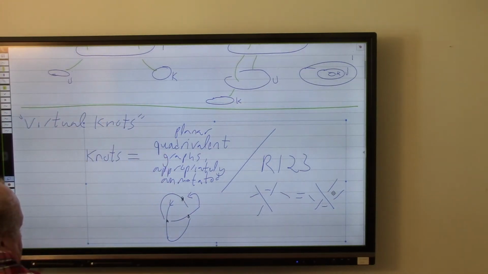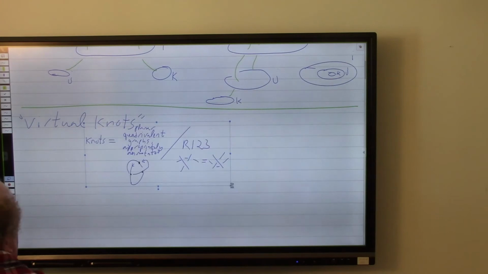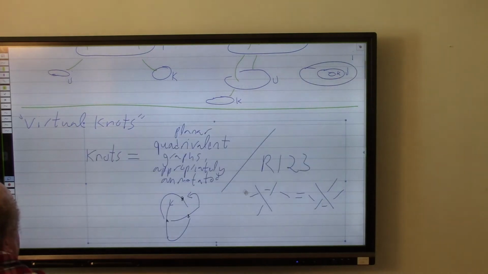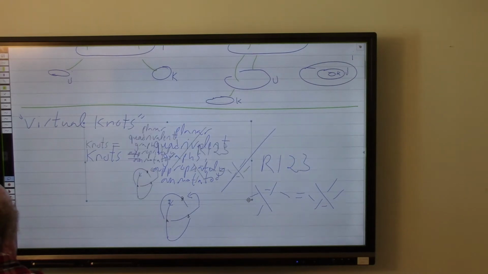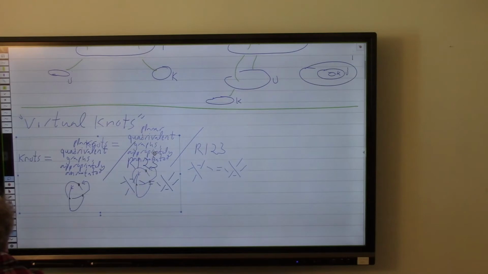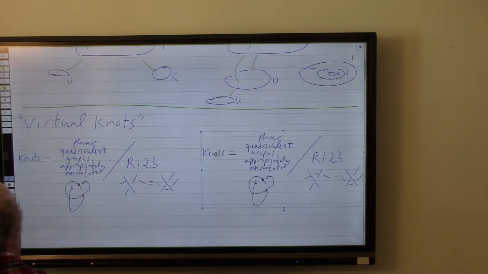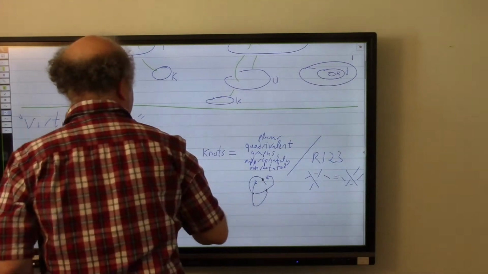I'm going to shrink this, put it on the side. Now copy it and paste it so that we have a parallel definition. And now I can complete the parallel definition.